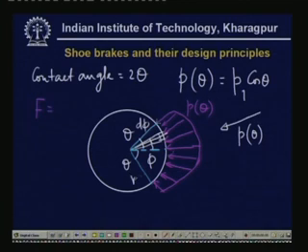If the radius is r, then d theta or d phi, p is a function of phi.